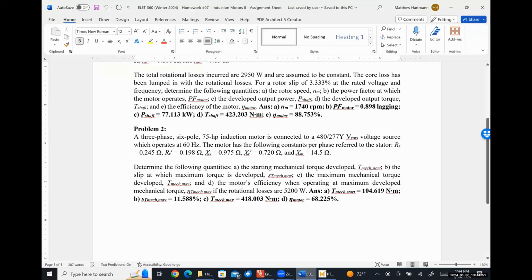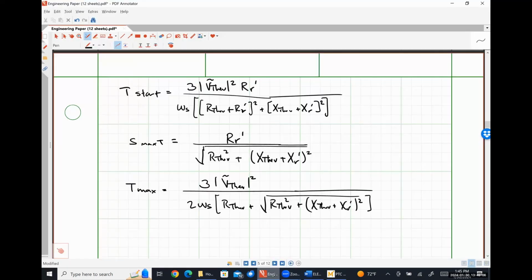And then the next part is finding the efficiency at this maximum developed mechanical torque. So this is the only thing that isn't the direct application of one of the equations that you were given. So let's talk our way through this. Anybody have any thoughts on how we might do this?